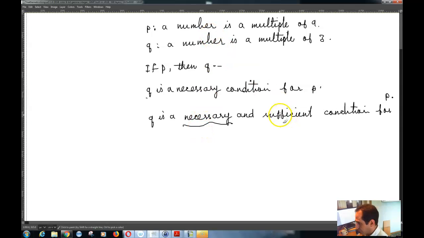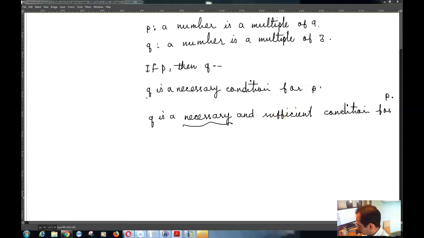And if it's also a sufficient condition for P, that means that the only condition that has to be met here is that it's enough that the number is a multiple of 3, and then that's enough for the number to be a multiple of 9 as well, which is of course in this case not true, but that's the meaning of this thing over here.